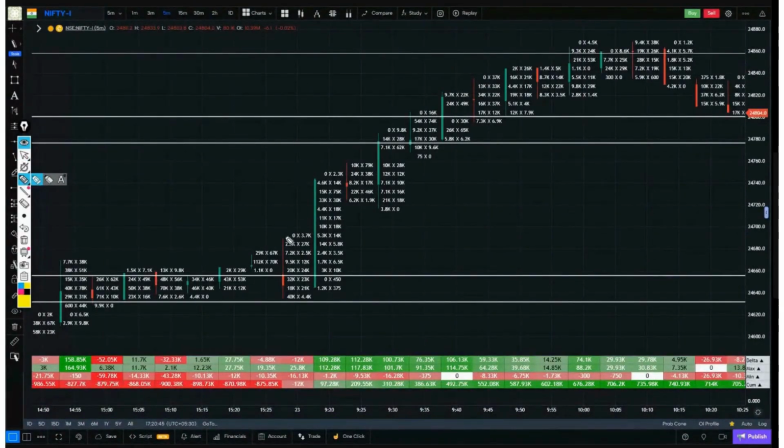This is the first candle, and these are the footprints of the first candle, meaning where and how much buying and selling happened in the first candle. On the right side, we have buyers, and on the left side, we have sellers. We are adding up all the buyers on the right side.